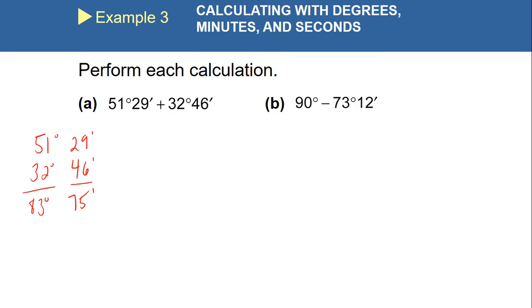Because I have 75 minutes, I can regroup that into a degree. Does that make sense? So 75 can be regrouped as 1 degree and 15 minutes. Do we agree? So my final answer is actually 84 degrees and 15 minutes.